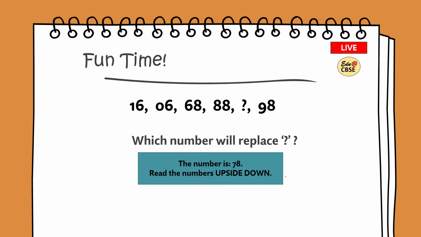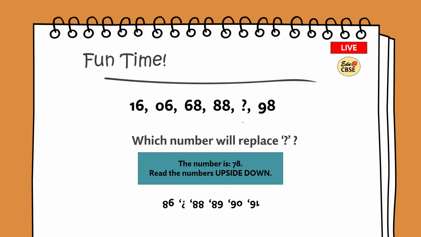So when it is upside down, then it is 78, and when we will turn it, it will become 87. 87 is also correct. 78 is also correct, because if we will write it like this, so upside down, when you turn it, it becomes 86, 87, 88, 89, 90 and 91. So that is why 87 is also correct and 78 is also correct. It is how you see it. Got it now?